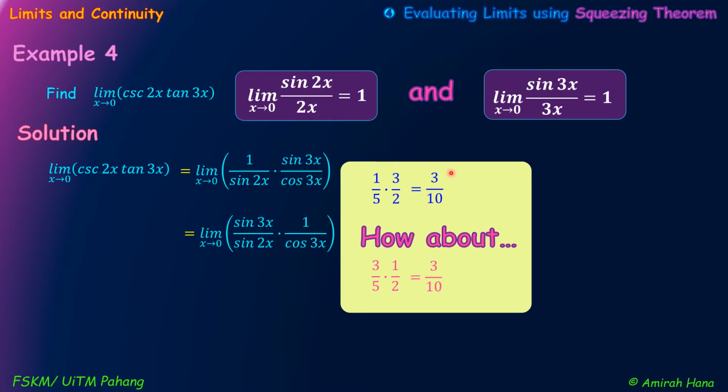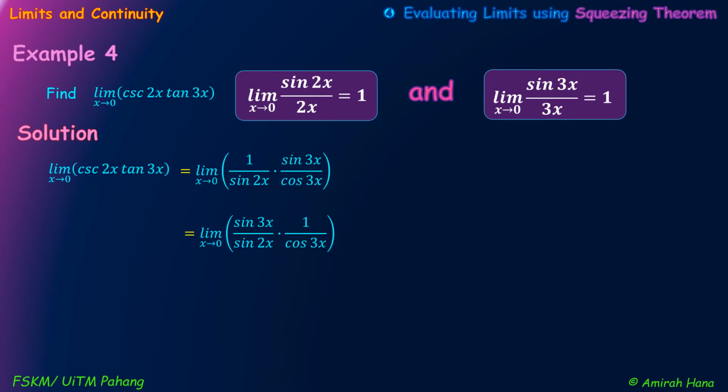So we get the same answer. See, I told you. From here, we just exchange numerator 1 and numerator 3, and we get the same answer. So that's why in this case, we can simply exchange 1 and sine 3x so that we can combine all terms containing sine in the same fraction. Got it?